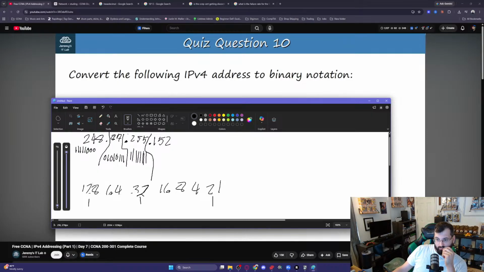Carry the 1. Oh shit. 2 and 8 equal 10. Carry the 1. So that would actually be 160. So it's not this. It's gotta be 16.